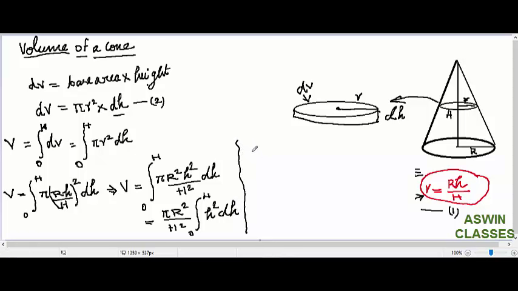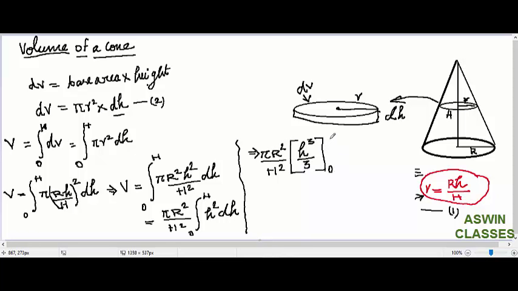The volume is equal to pi R square divided by H square. What is the integral of h square dh? It is h cube by 3. Now you have to put the limits.